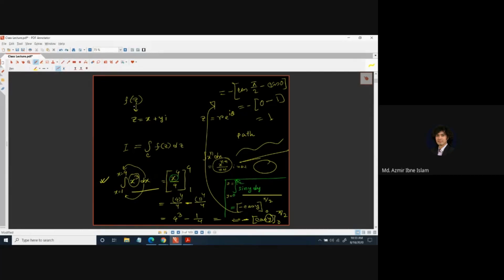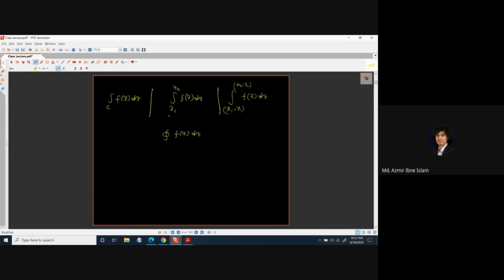Since in a complex valued function f of z, we have two variables at the same time, z equal to x plus yi, where x, y are the variables, or in polar form r e to the power i theta, that means r and theta are the variables. So actually we have two variables at the same time. So we need to convert these complex integrals to real integrals so that we can easily evaluate these integrals.